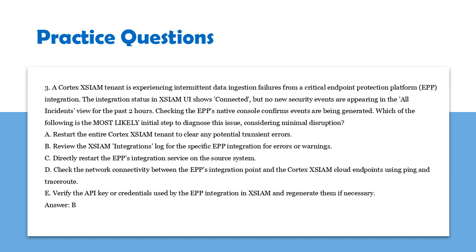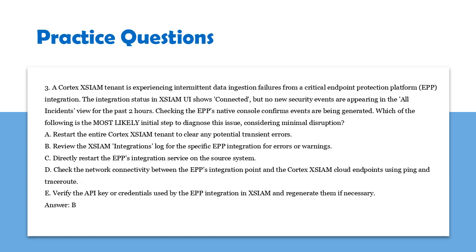A. Restart the entire Cortex XSIAM tenant to clear any potential transient errors. B. Review the XSIAM integrations log for the specific EPP integration for errors or warnings. C. Directly restart the EPP's integration service on the source system.